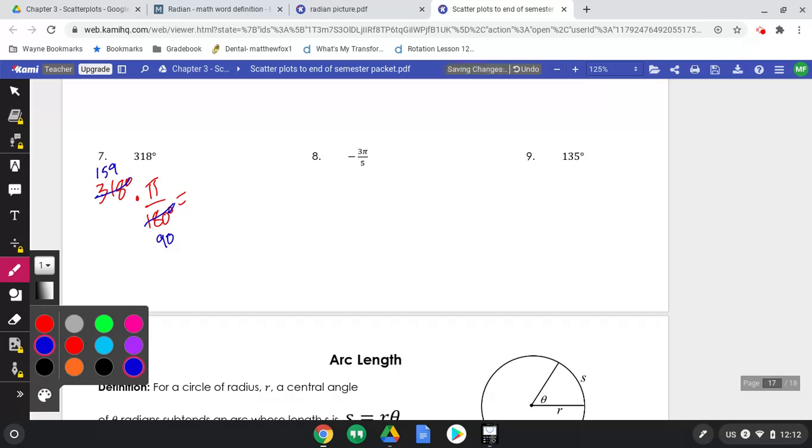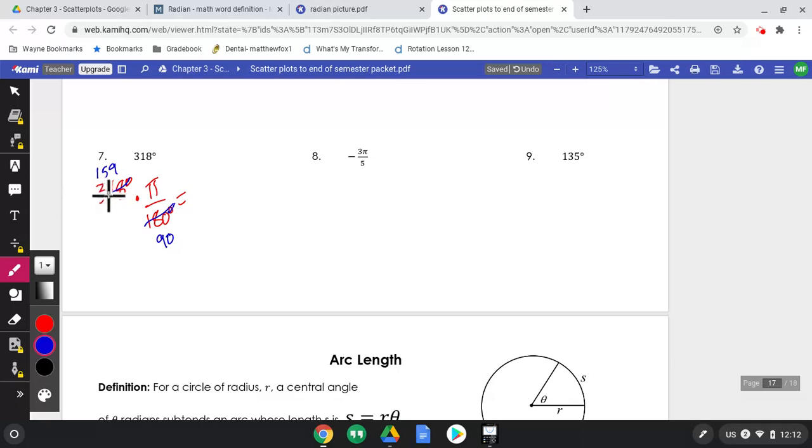Now, we're not actually done. 159, I know that's not a number we're that familiar with, but here's a trick. If all these numbers add up to be divisible by 3, then you know the number is divisible by 3.